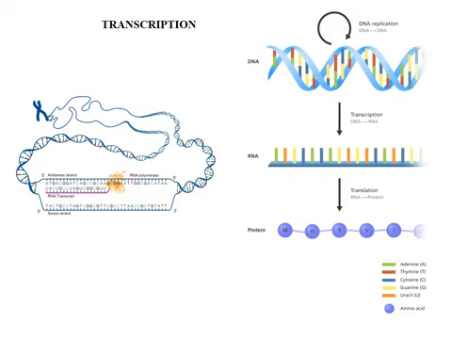The template strand produces copies of RNA molecules, and the sense strand is called the non-template strand and doesn't participate in transcription. It is otherwise called the coding strand of the gene.